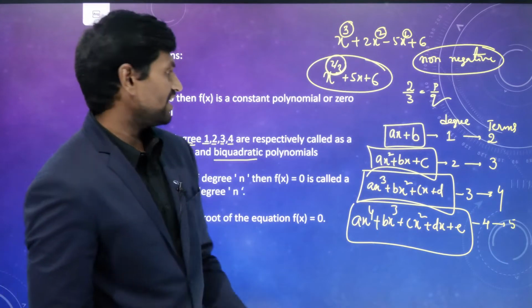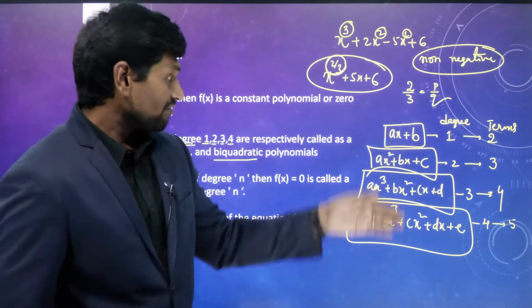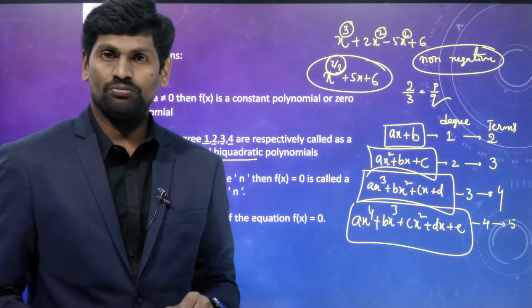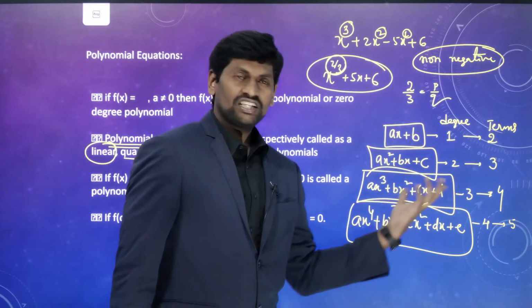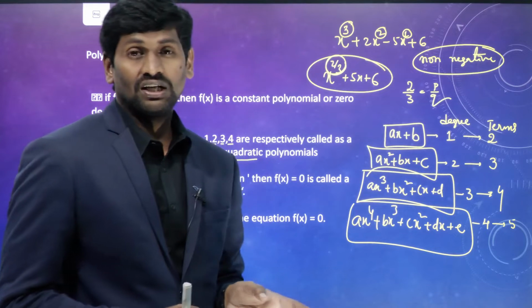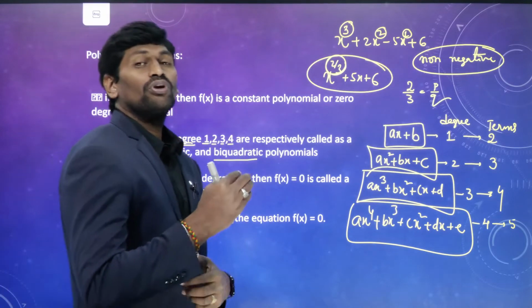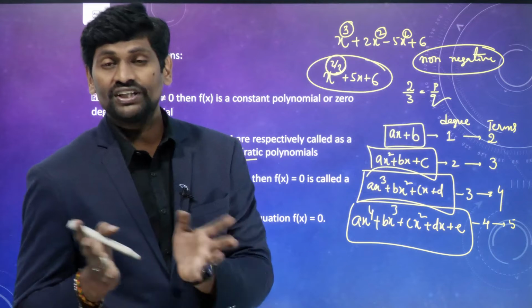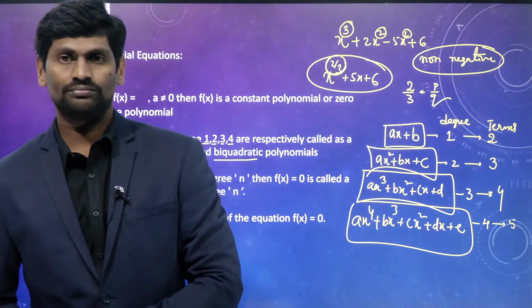Here I am using the letters of the alphabet to write the general form of the polynomials: a, b, c; a, b, c, d; a, b, c, d, e, like that. We know that the number of letters in the alphabet is 26. That means if you write a 25th degree polynomial, all 26 letters from a to z will come.